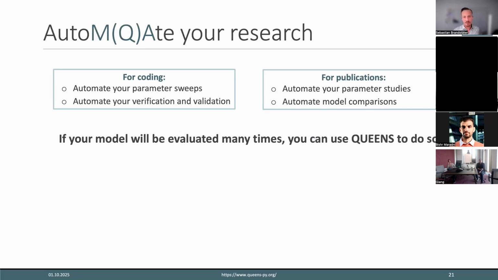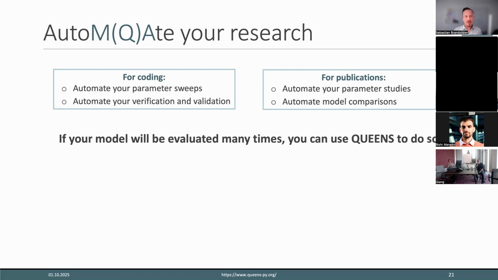You can use it for all sorts of things. It doesn't have to be these super advanced things. You can also use it to probe your freshly coded up models, do some parameter sweeps, do verification and validation. You can automate parameter studies for your publications or model comparison between different models under the same conditions.